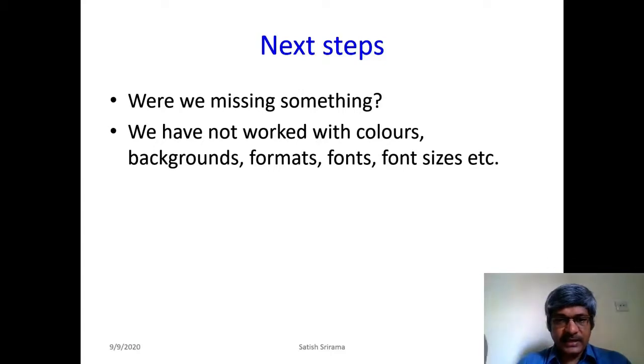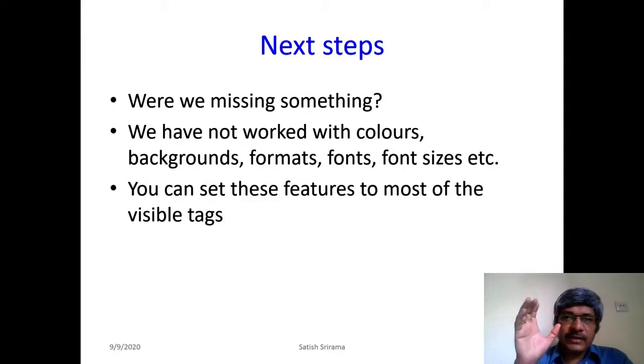But in general, we have not seen any of these colors or backgrounds or formats or specifying different fonts and font sizes, etc. for the text, isn't it? We have not discussed. So as of now, whatever pages we have created are plain boring text. That's the frank opinion, isn't it?